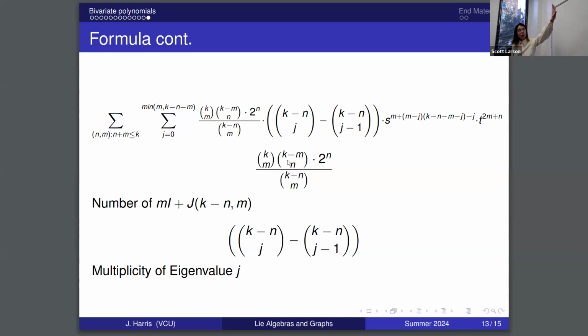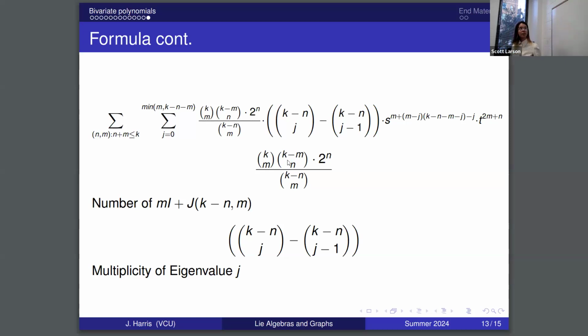Since all the polynomials with m pairs and n loners are going to have the same Johnson adjacency matrix, that's why we're going to have that many copies of the same one. And the choose minus choose statement is the multiplicity of the eigenvalue given in the book.